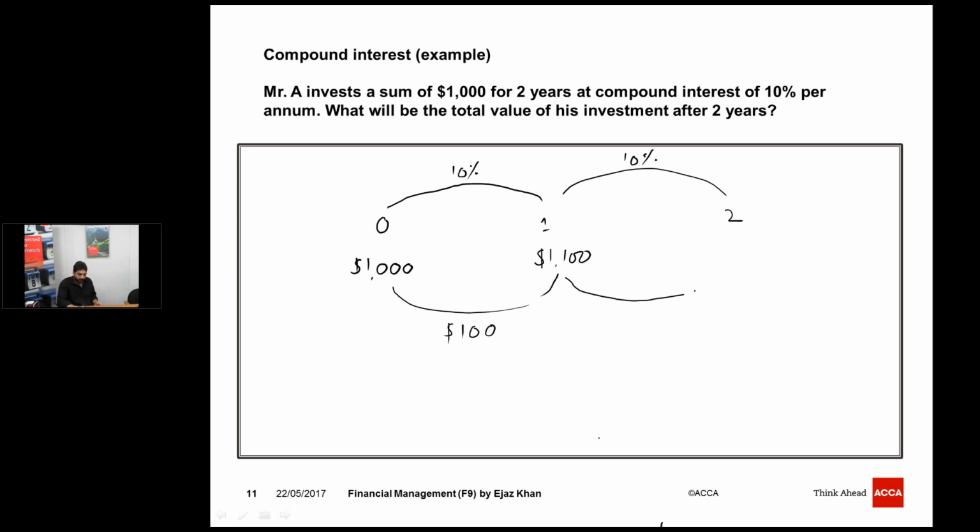In the second year, he will again get 10%, but since it's a compound interest calculation, the 10% will now be of the $1,100 and not the $1,000. So it will be 10% of the $1,100, which is equal to $110.